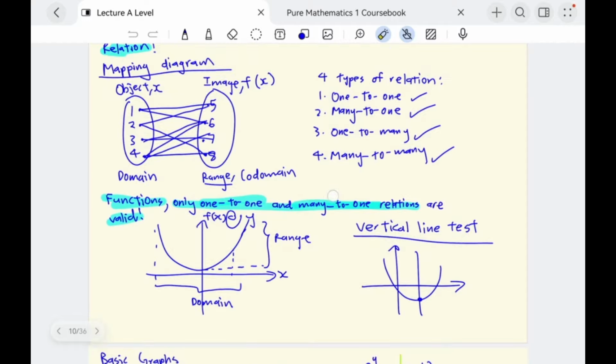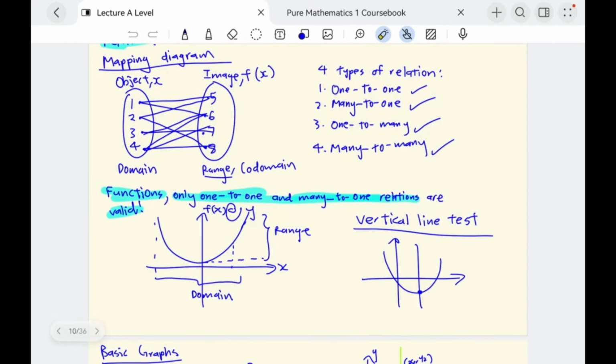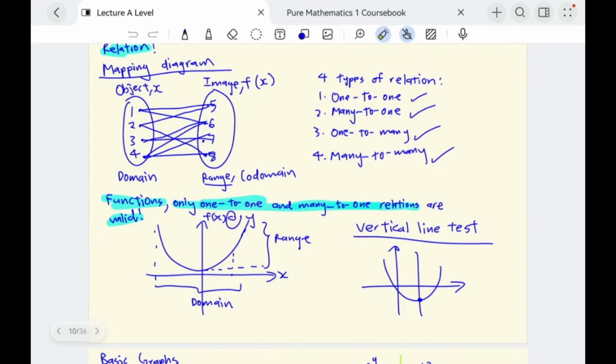To verify that it is a function, you need to carry out the vertical line test, because each codomain to the respective domain must have only one solution, only one unique solution from one domain or many domains.